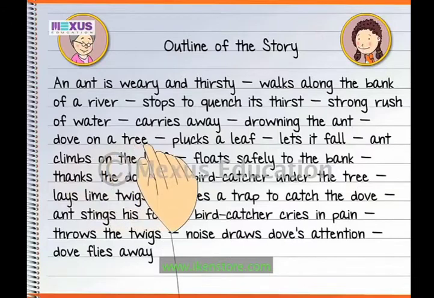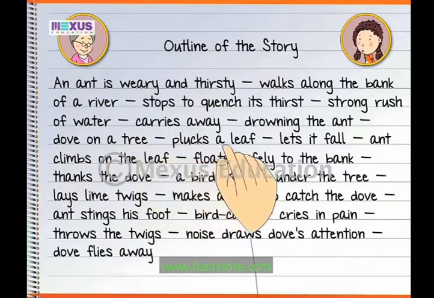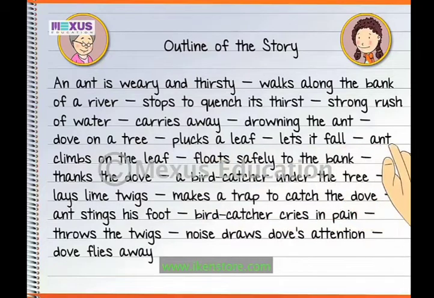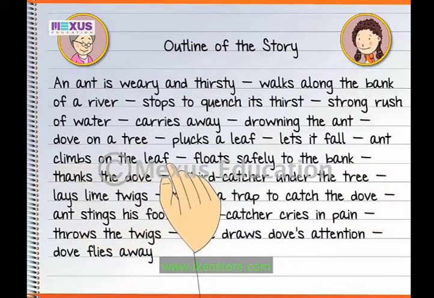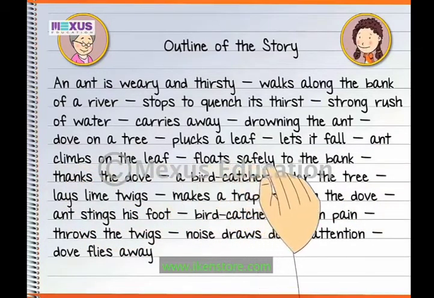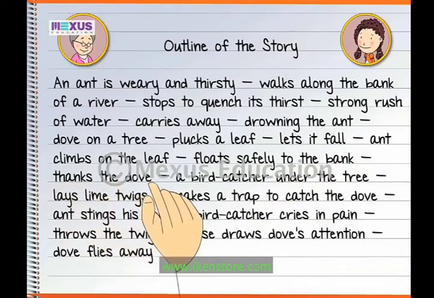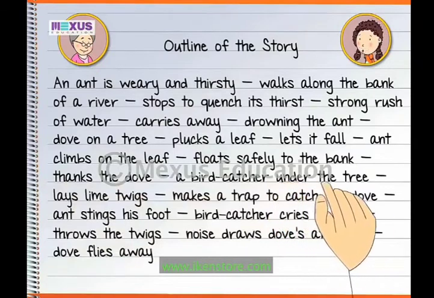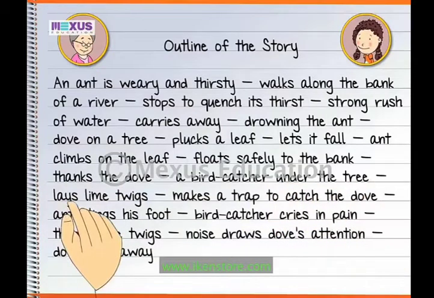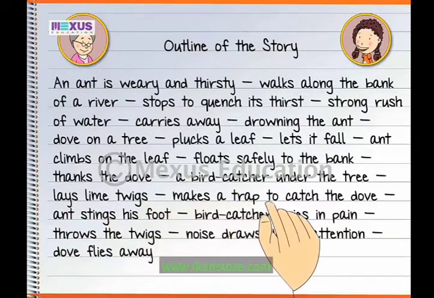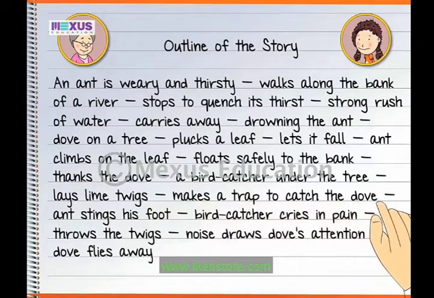Dove on a tree plucks a leaf, lets it fall. Ant climbs on the leaf, floats safely to the bank. Thanks the dove, a bird catcher under the tree lays lime twigs, makes a trap to catch the dove.